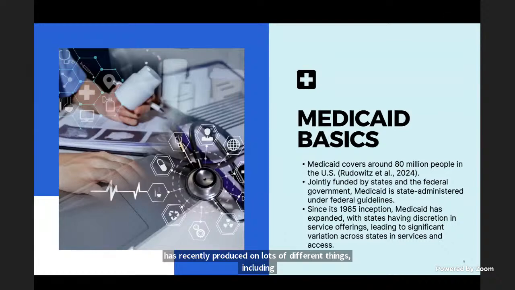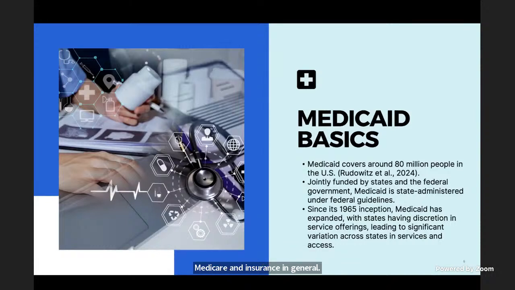But Medicaid is jointly funded by the states and the federal government. But here's the thing, Medicaid is state administered under federal guidelines. I can't impress upon all of us the importance of this because each state has its own approach to Medicaid while at the same time adhering to certain federal standards.